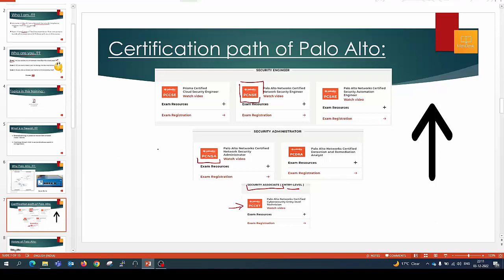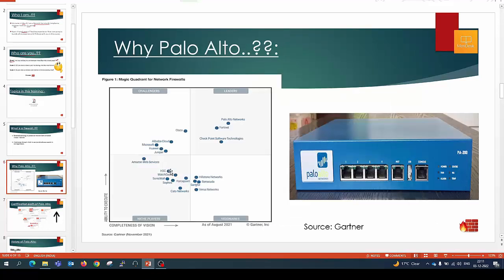Okay. Now, before proceeding further, if you have any doubt in your mind about whether you should learn Palo Alto or not, then let me tell you, this is the report published by an organization named Gartner, and this is the report published in November 2021. For 2022, the report is not published yet, or at least I have not seen it yet.